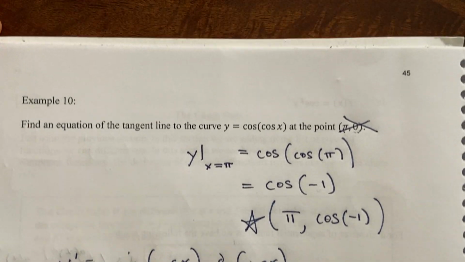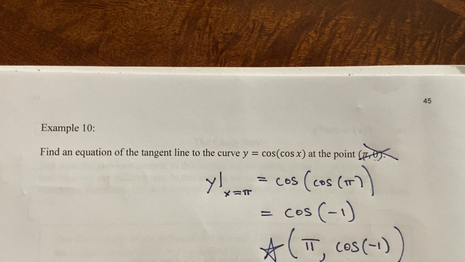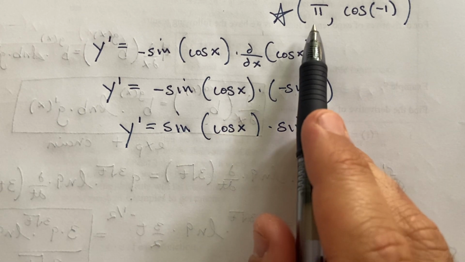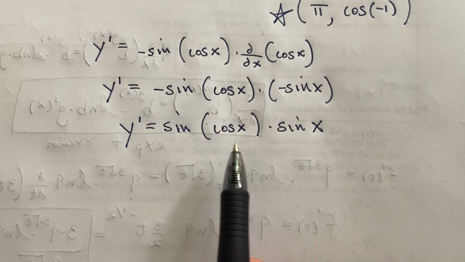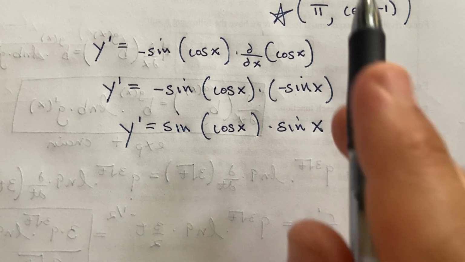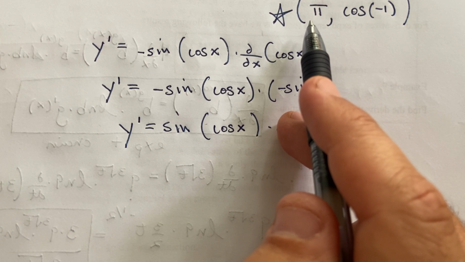We weren't just looking for the derivative, right? We want the tangent line. So what I now need to do is evaluate the derivative specifically at the x that we care about, right? This derivative gives us access to the slope of any tangent line that we care about. We specifically are fixated on the x equals pi tangent line, okay?